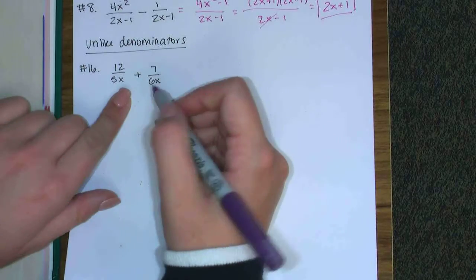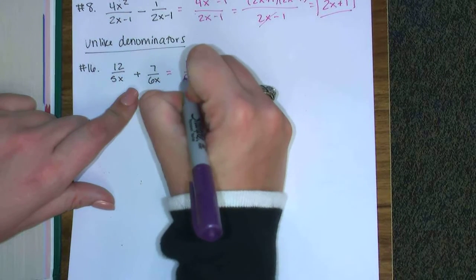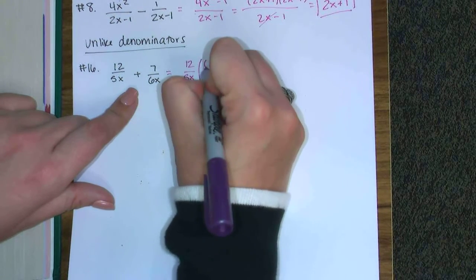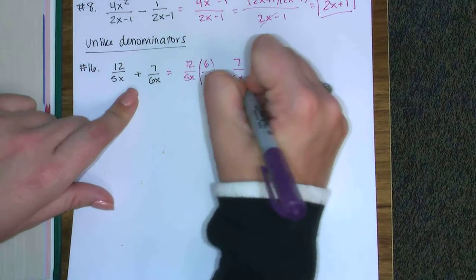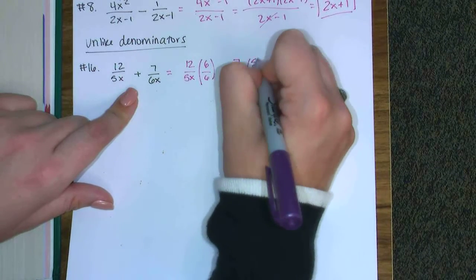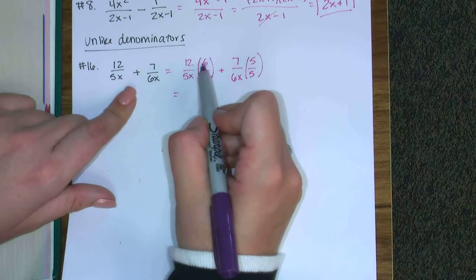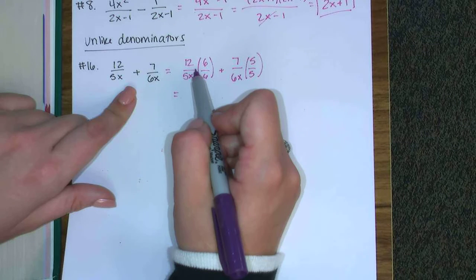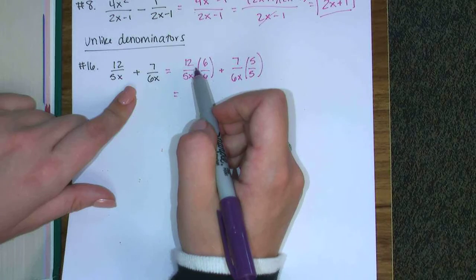So just so you can see the steps, 12 over 5x times 6 over 6 plus 7 over 6x times 5 over 5. So this gives me 12 times 6 is... Goodness, I'm blanking on that right now. 72?